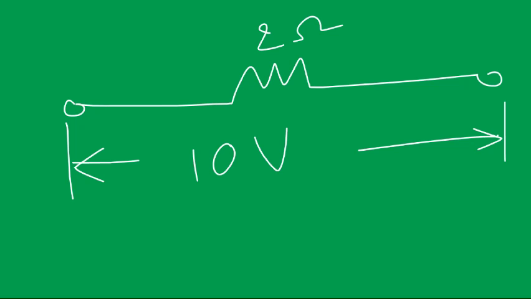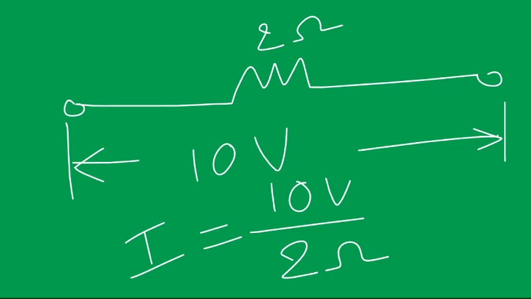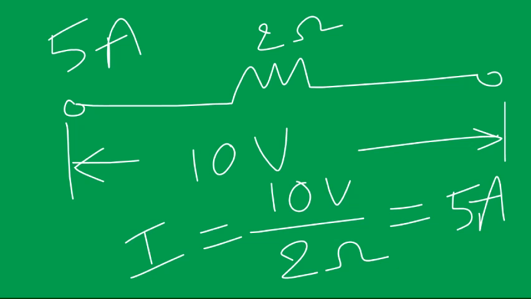In our car example, what we are going to say is how many cars can go with this particular 10 volts, that means 10 volt speed, and with this 2 ohms. So I is equal to V, 10 volts, divided by R, 2 ohms. Volt by ohm is nothing but amps, that means 5 amps. So 5 amps is the car. 5 cars can go on that road.